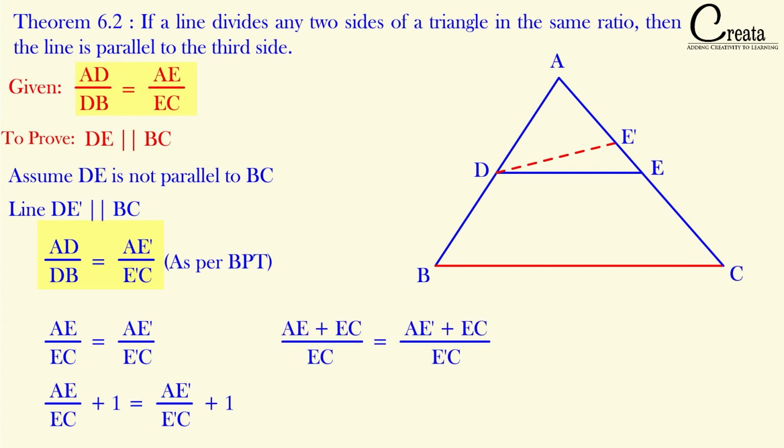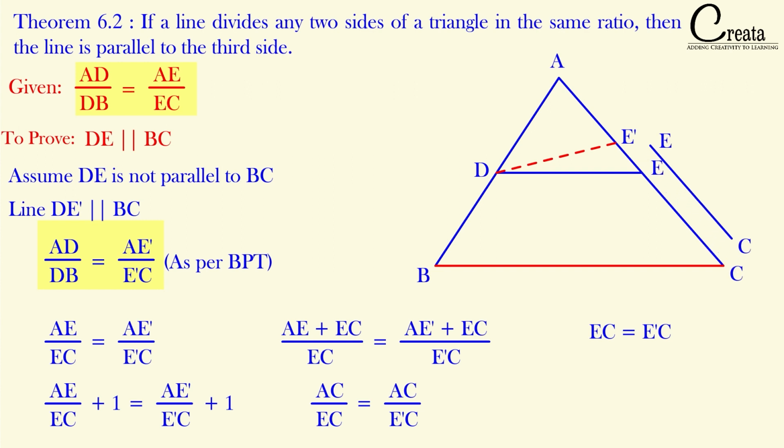We got AE plus EC will be the complete length AC, and AE dash plus E dash C will be equal to again the complete length AC. We got AC upon EC is equal to AC upon E dash C. On solving, we got EC is equal to E dash C.